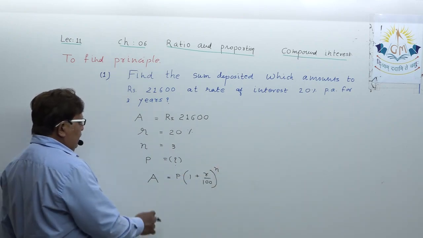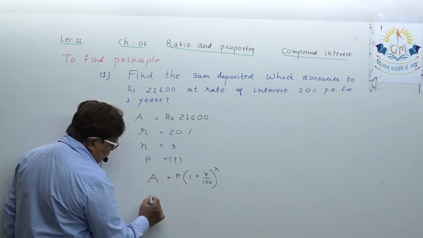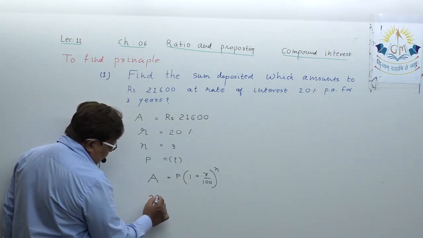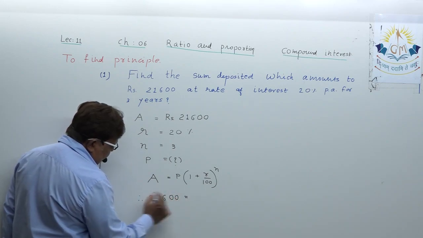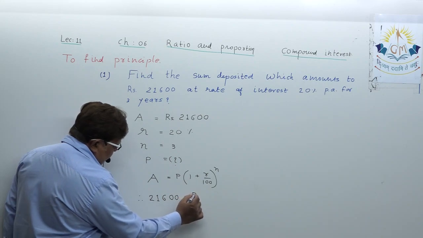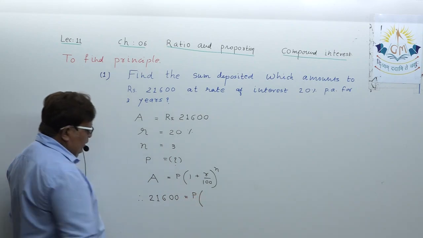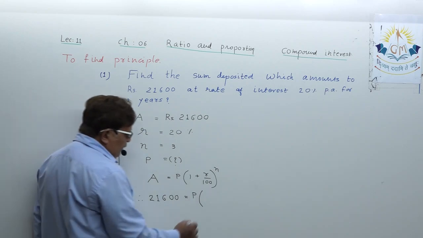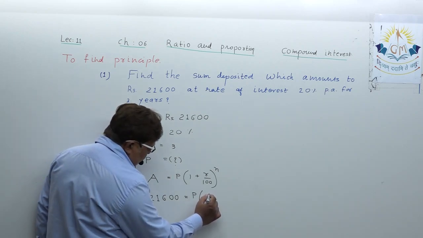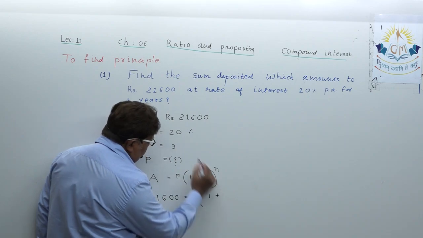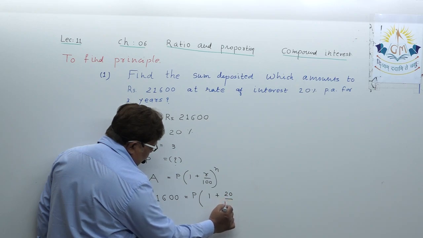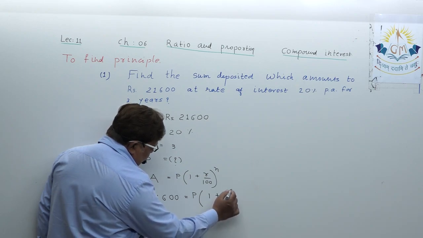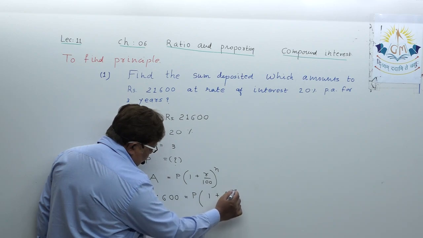Okay, let us substitute the value. 216,000 equals P into bracket, just substitute the values with me. 1 plus rate of interest 20 upon 100 raised to 3.